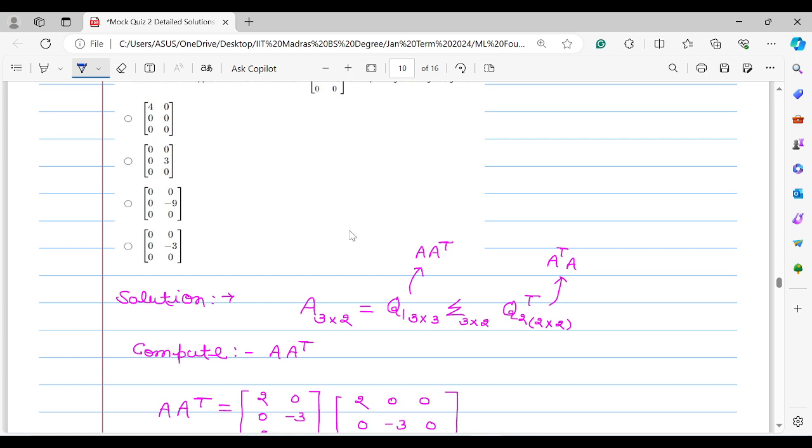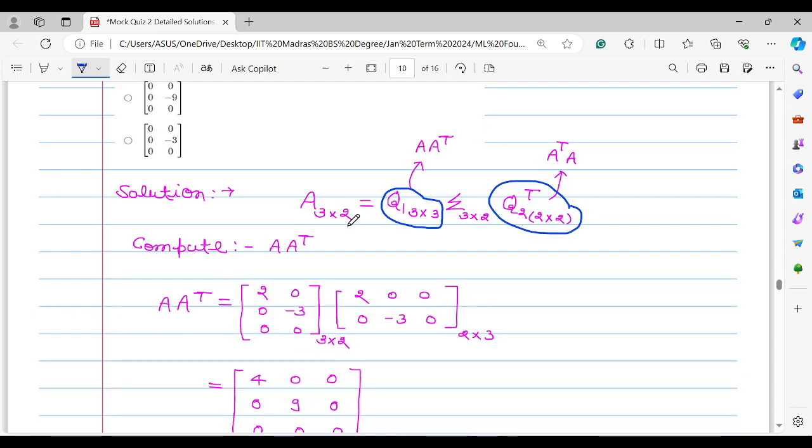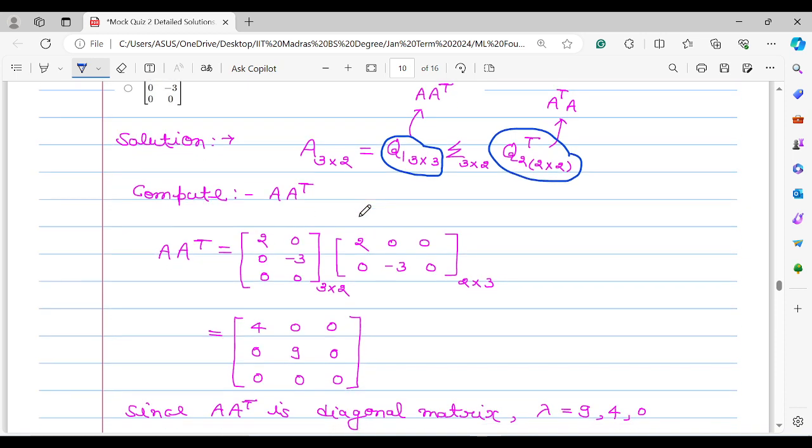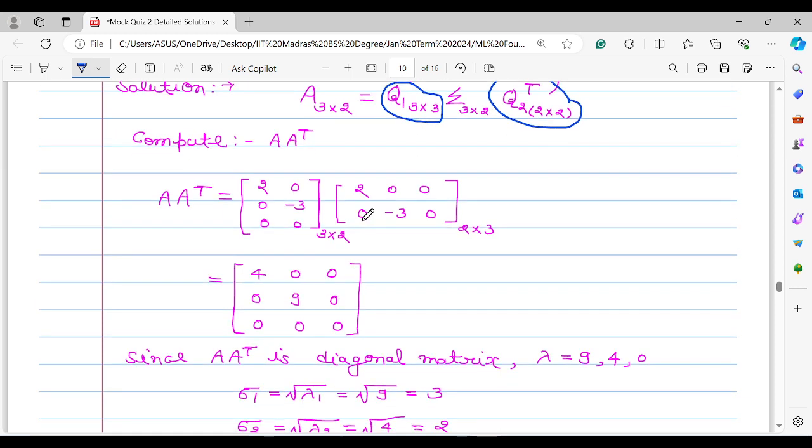To find this symmetric matrix, we will use A A transpose, and for finding Q2 transpose, we will use A transpose A. So first compute A transpose A. We computed A transpose A, which is this square 3 cross 3 matrix.